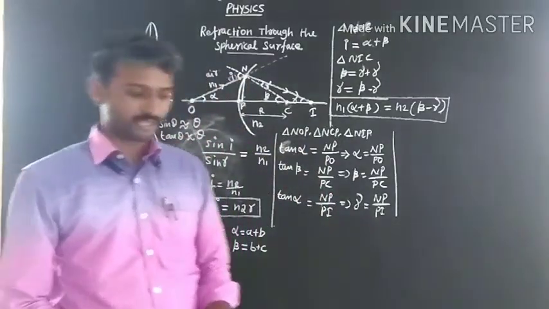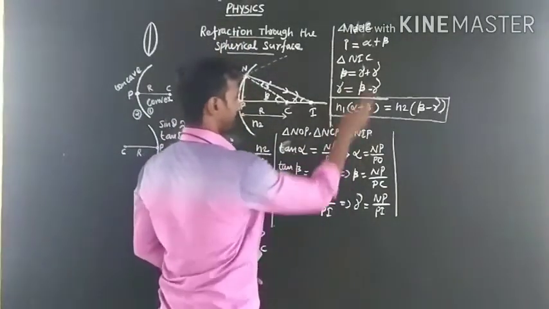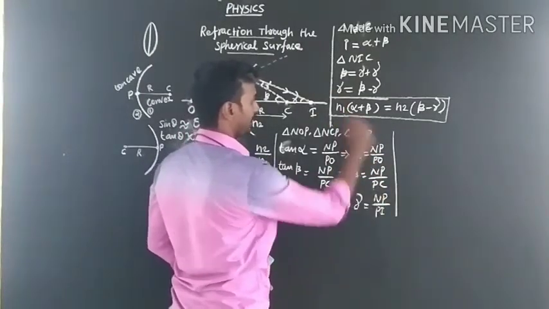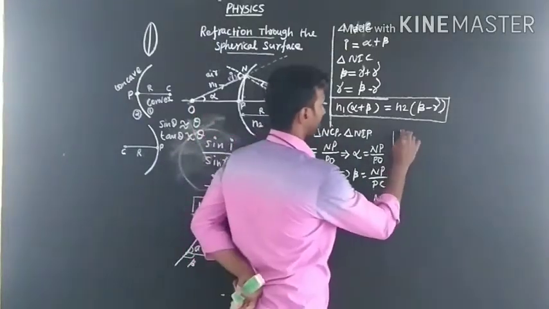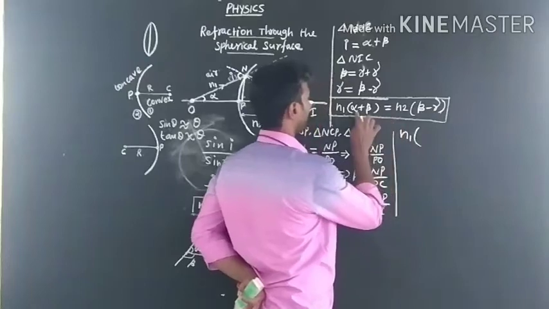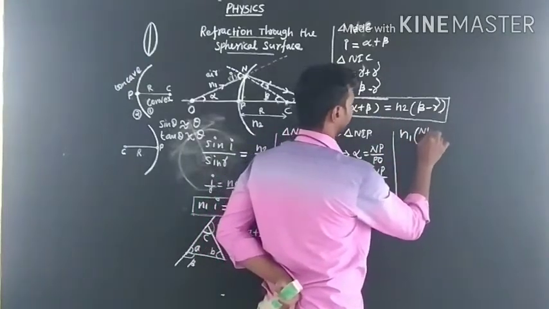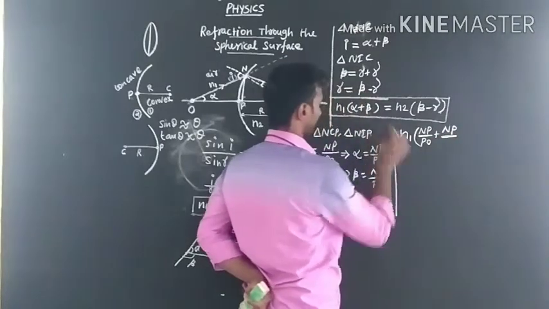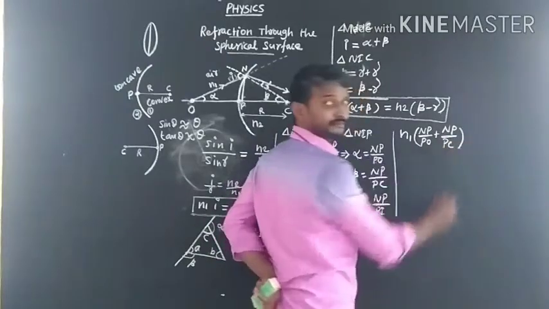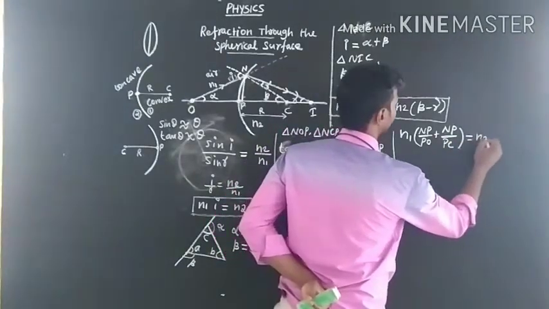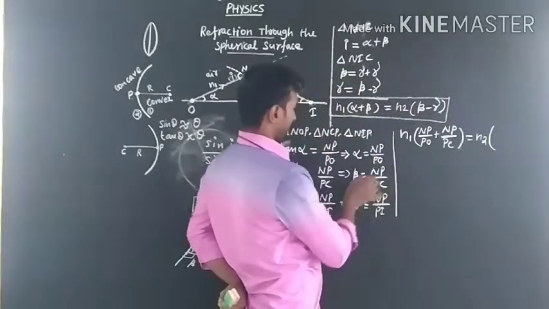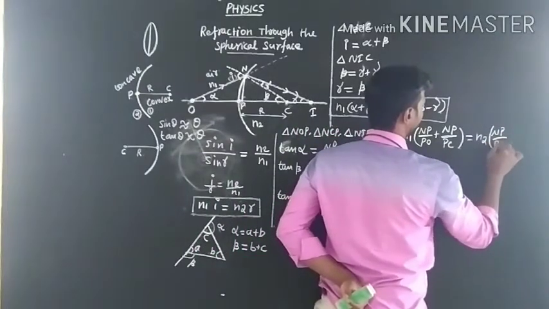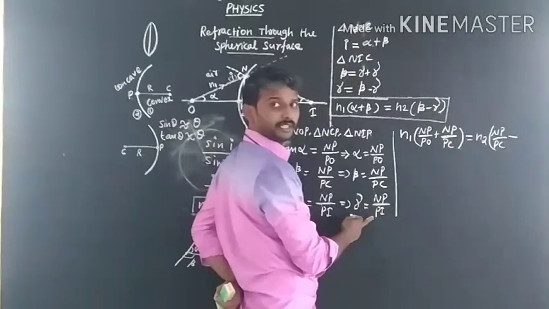Now I am going to substitute the values of alpha, beta, gamma into this equation. Alpha is equal to NP by PO, beta equals NP by PC, and gamma equals NP by PI. Substitute all these values. So n1 times alpha, NP by PO, plus NP by PC, is equal to n2 times beta minus gamma, where beta is NP by PC minus gamma, which is NP by PI.